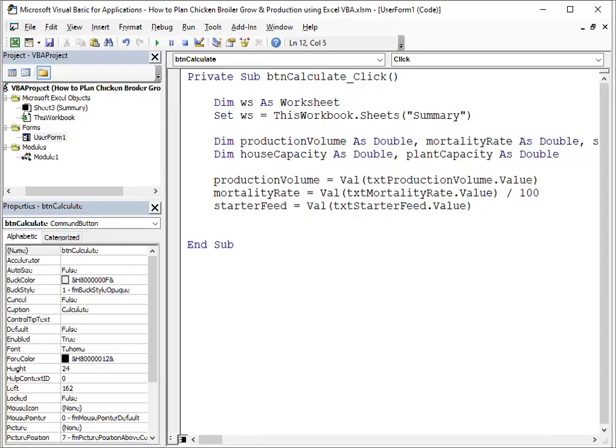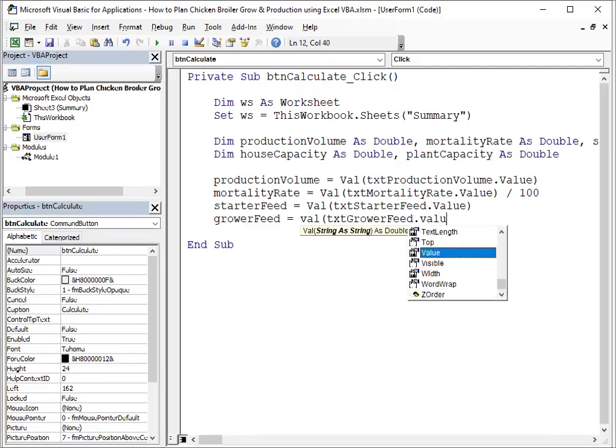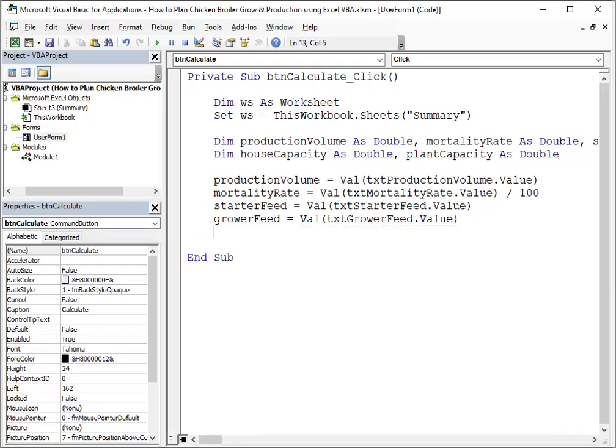Then grower feed equals value, text grower feed, that value. Close.